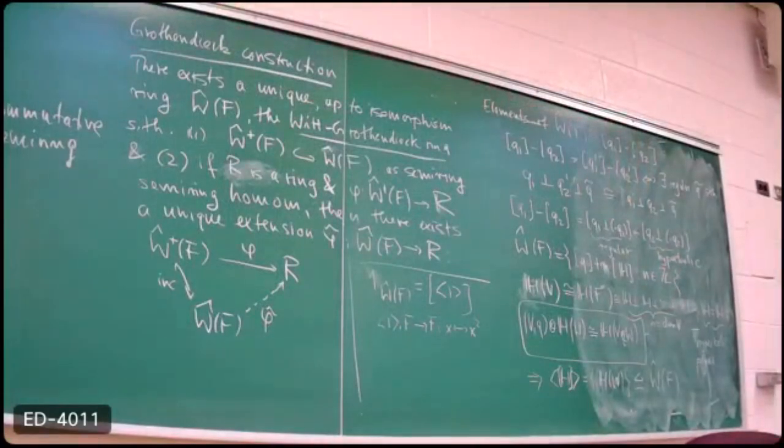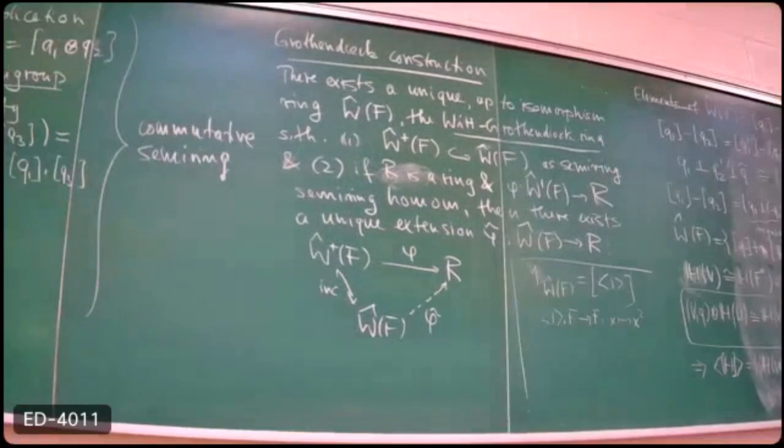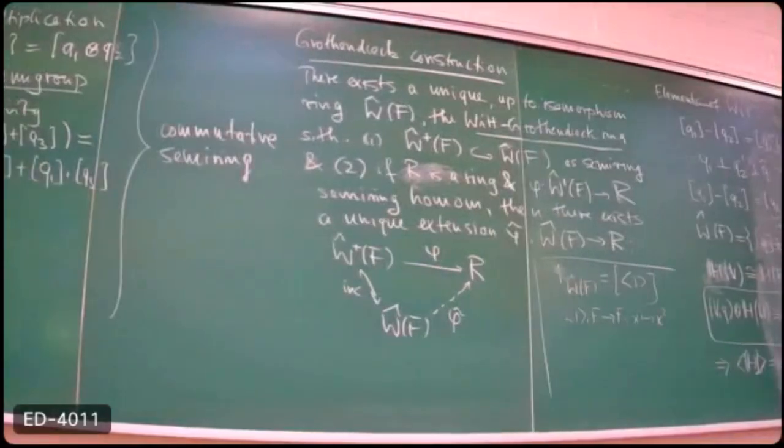So the Witt ring itself no longer has elements that are differences of quadratic forms. They are just quadratic forms. There is, of course, a sort of notational abuse: I use the same notation for isometry classes in W hat plus, in W hat, and in W of F.